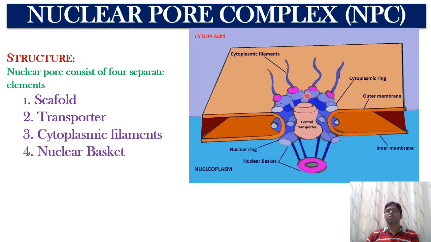The ring which is present towards the cytoplasmic side is called the cytoplasmic ring, and the ring which is present towards the inner side, the nucleoplasm side, is called the nuclear ring or nucleoplasmic ring. One more ring is present in between these two rings. This ring is called the central ring.